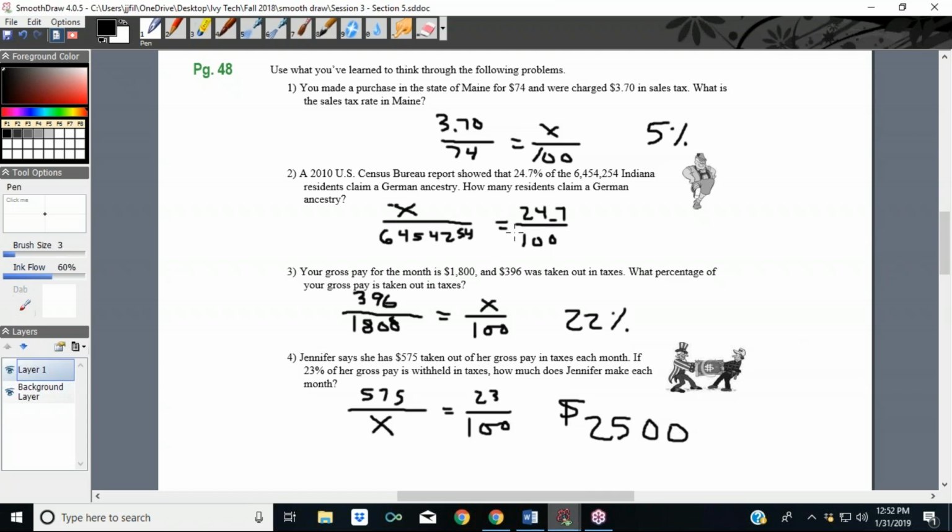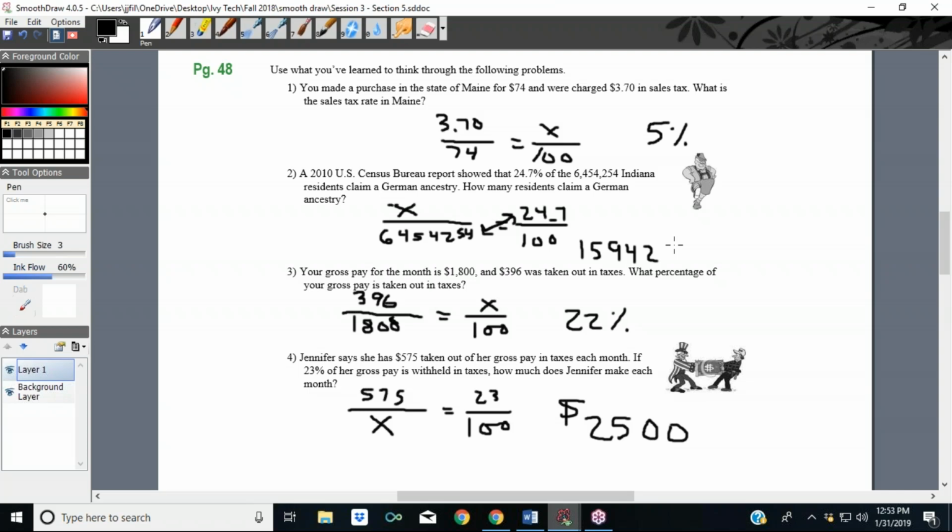And then let's look at number 2. So number 2, we're multiplying these 2 together and then dividing by 100. And we get that out of the 6 million residents, I forgot, so I got to put this in my calculator one last time.